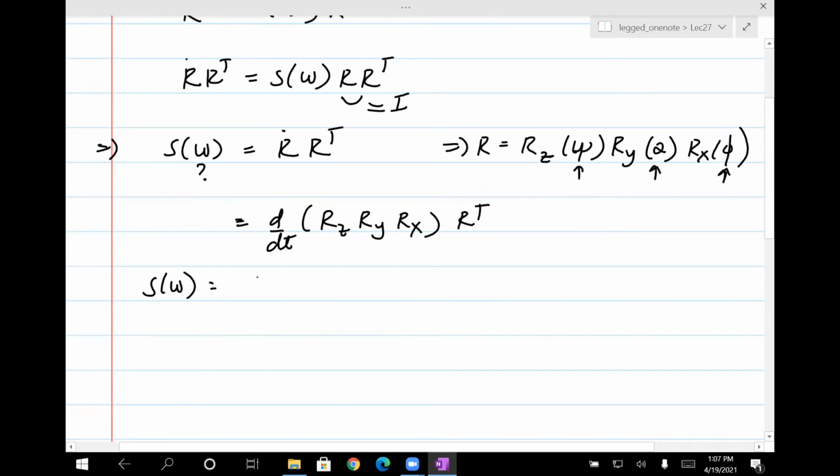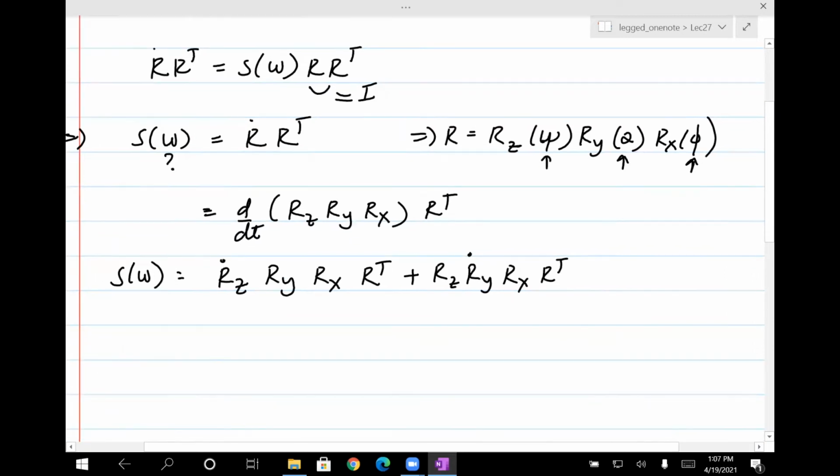So we do RZ dot, RY, RX, R transpose, plus RZ kept as a constant, so keep it as it is, take the derivative of the second term, and then finally RZ, RY, RX dot, R transpose.